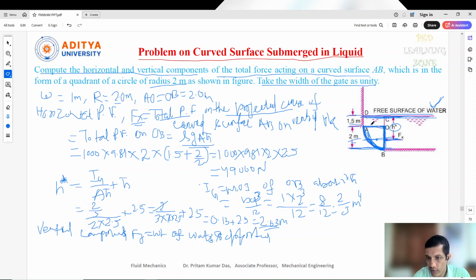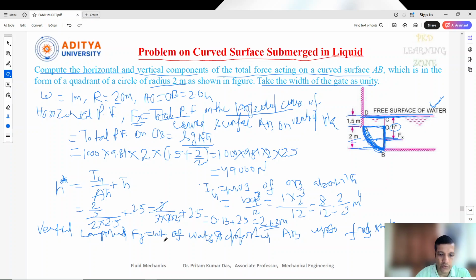The total weight of water supported by this curved surface AB, up to the free surface. That means the total water present in this zone is supported by this curved surface up to the free surface. So that is nothing but the vertical component which is acting.